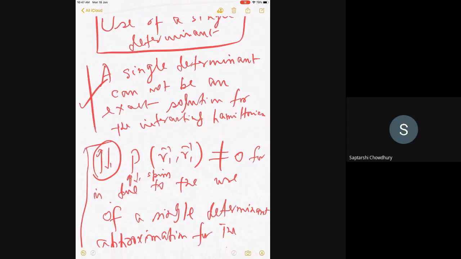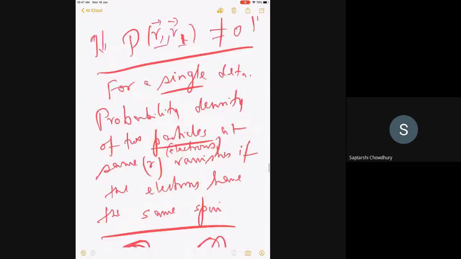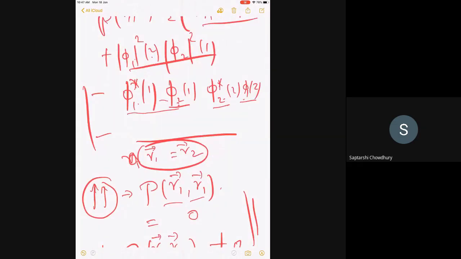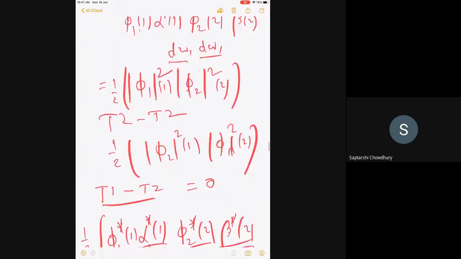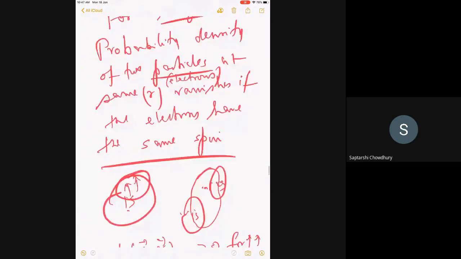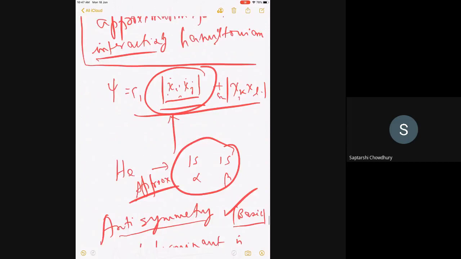And how to calculate probability is a technical matter, so please practice this integration, only partial integration over omega 1, omega 2. The confusion that you had of the 4 terms, how to manage, is a little bit technical, but please do this. For a 2-particle term, it is very easily doable.